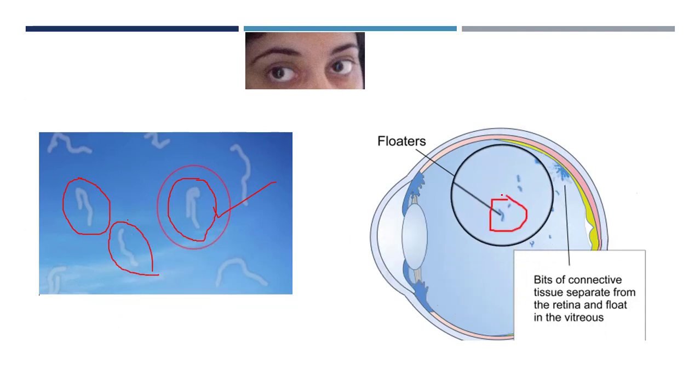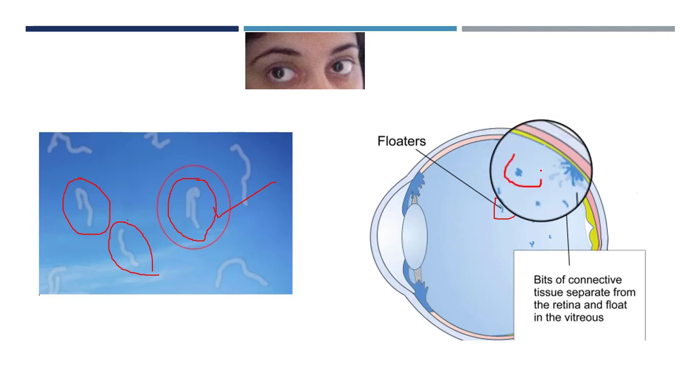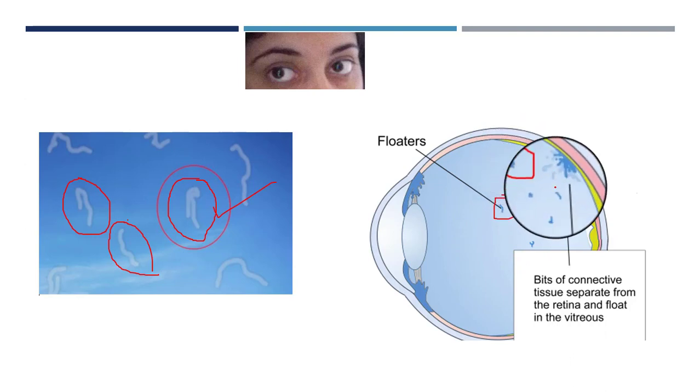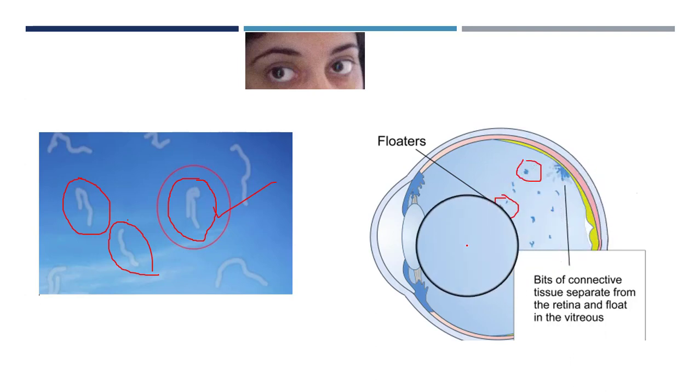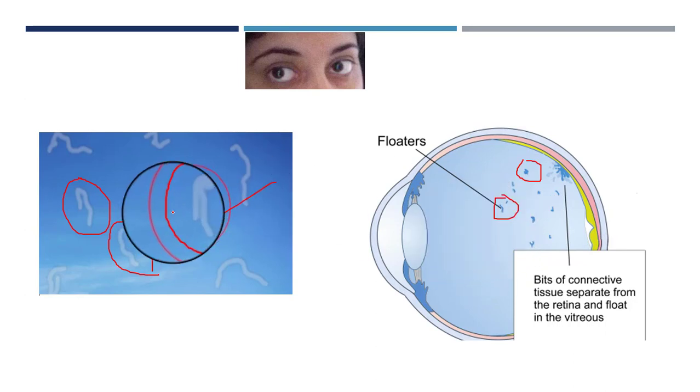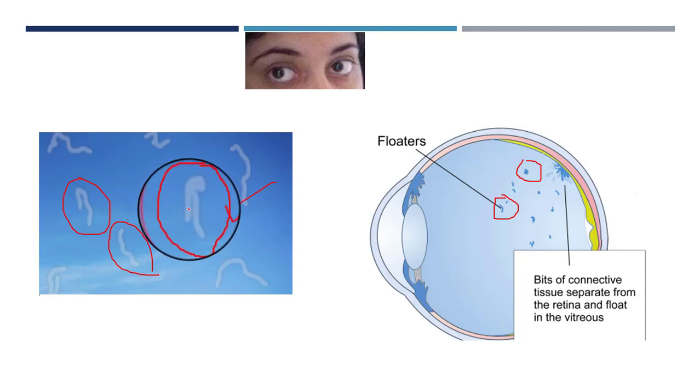A larger floater may cast a shadow over your vision and cause a large dark area inside the fluid of your eye, and they will move as your eyes move. If you try to look right at them, they will dart out of your vision.